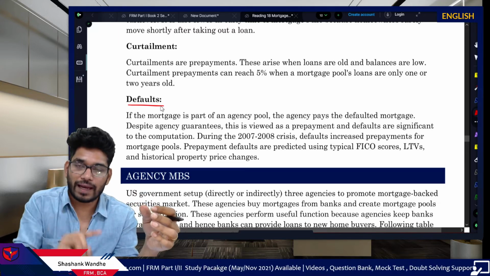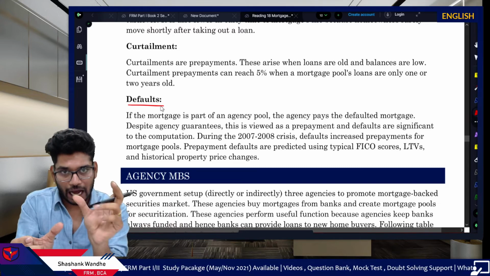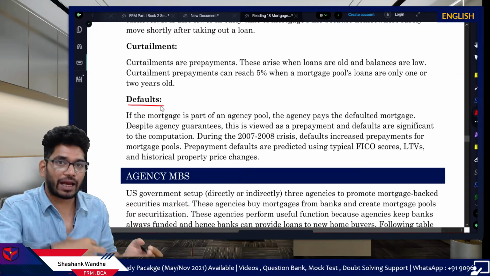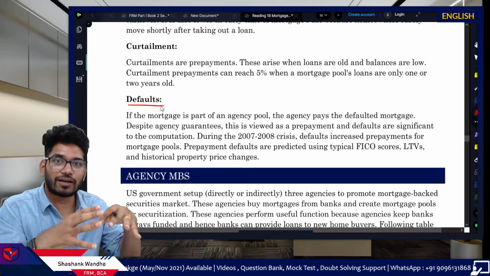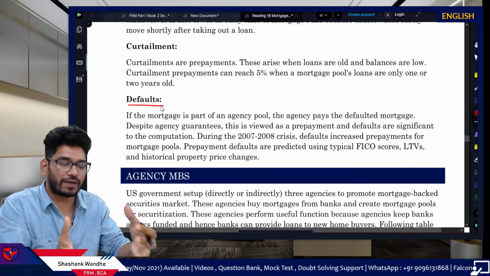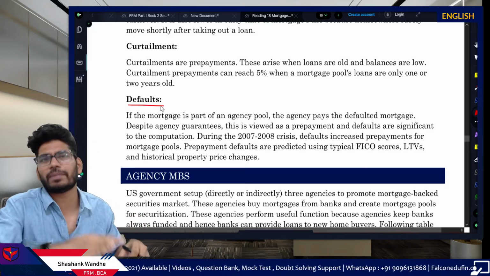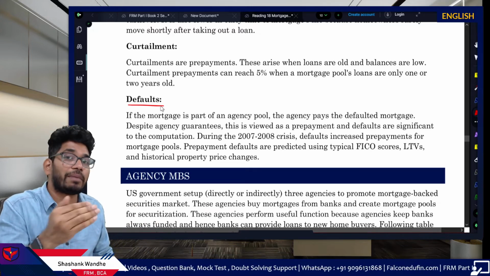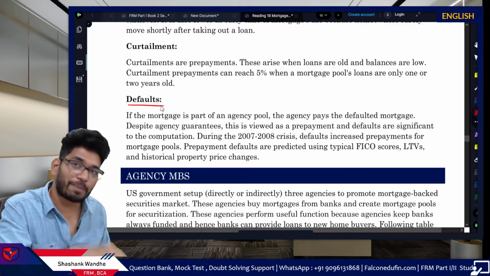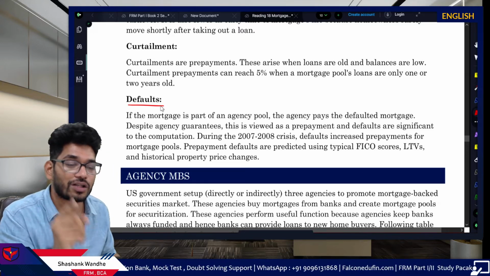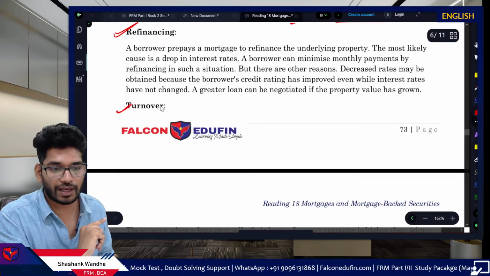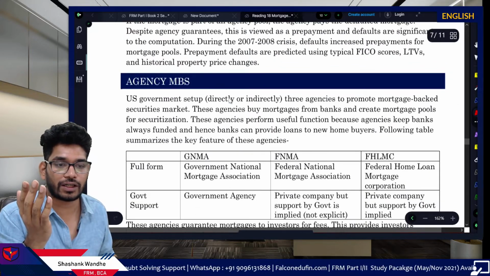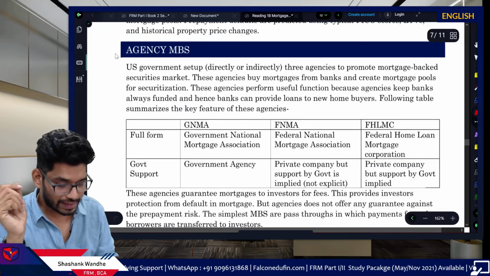When the borrower defaults, the house will be sold, the bank will collect the money, and then the bank will pay or prepay the principal portion in that pool, and the remaining the bank will transfer to the borrower. So default is also a prepayment. You have to remember this. Default is also a reason for prepayment. So there are 4 reasons: refinance, turnover, curtailment, and default.